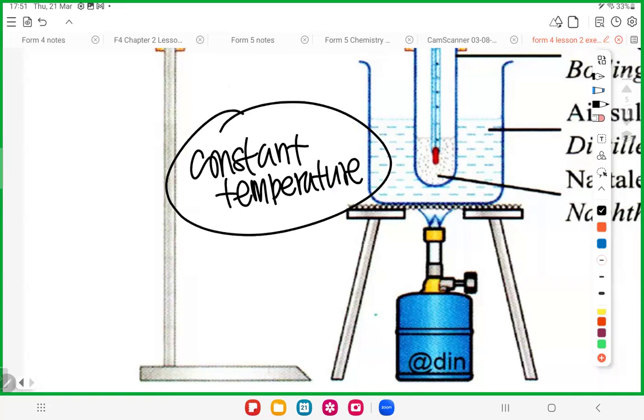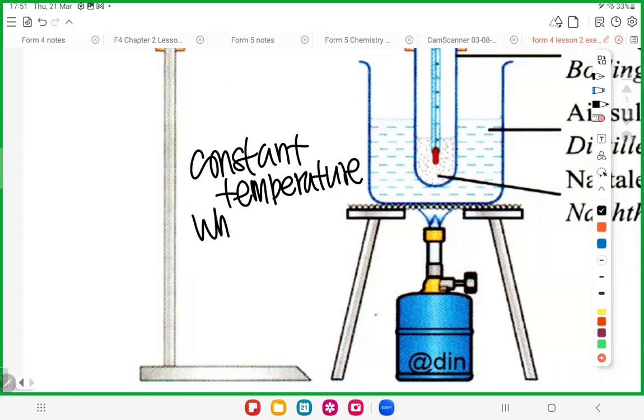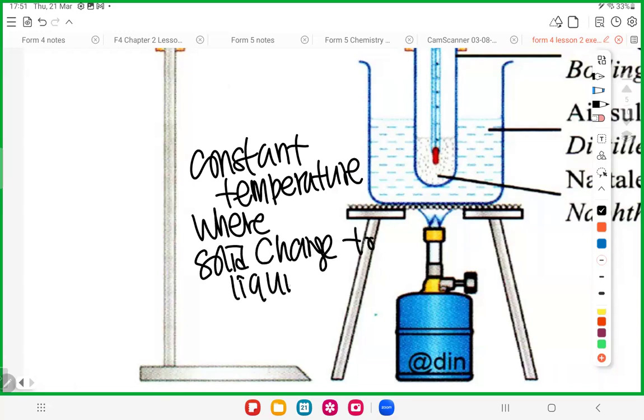During the melting process, the temperature doesn't change. And what happens during melting? Solid changes to liquid. Melting point is a constant temperature where solid changes to liquid.